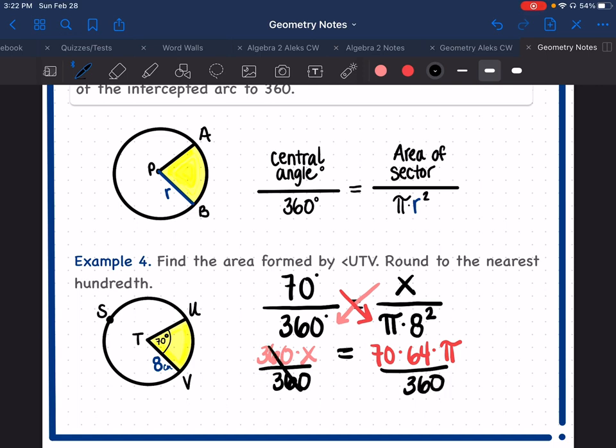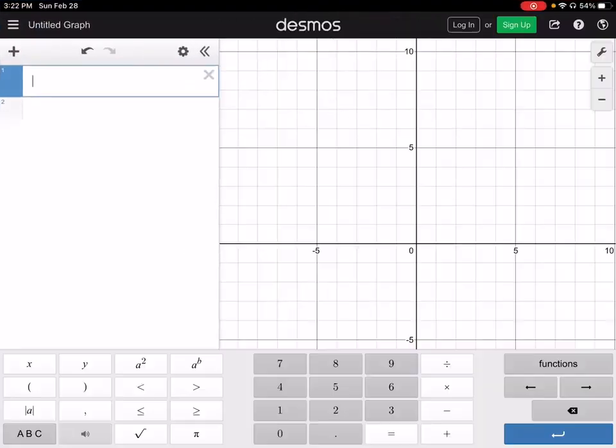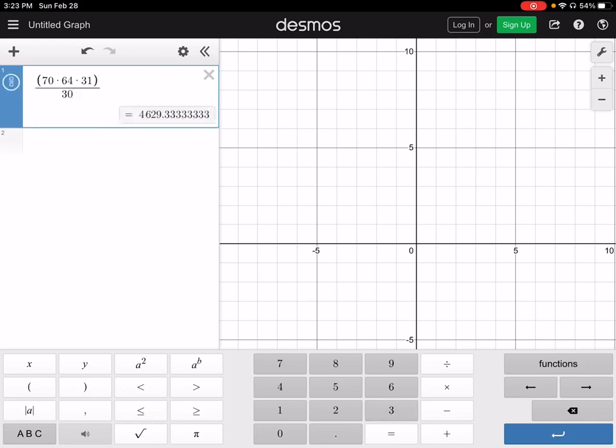And I'm going to go over to Desmos and put this in. I've gotten the Desmos app, and I know this is the graphing one and not the scientific calculator that you're used to, but it acts like the scientific one as well. So I'm going to put 70 times 64 times 3.14, and then divide that all by 360. Oops, no, that's not correct.